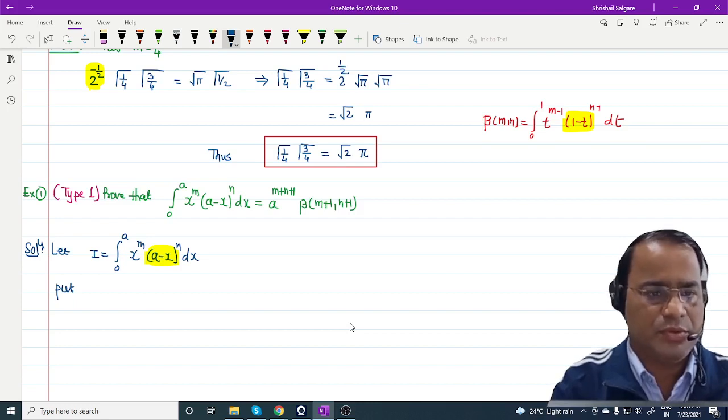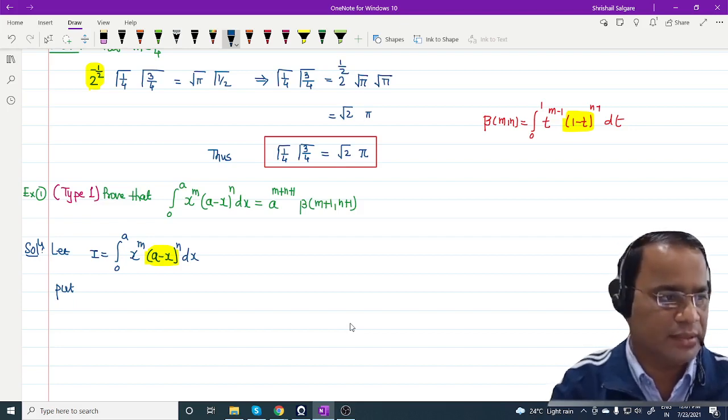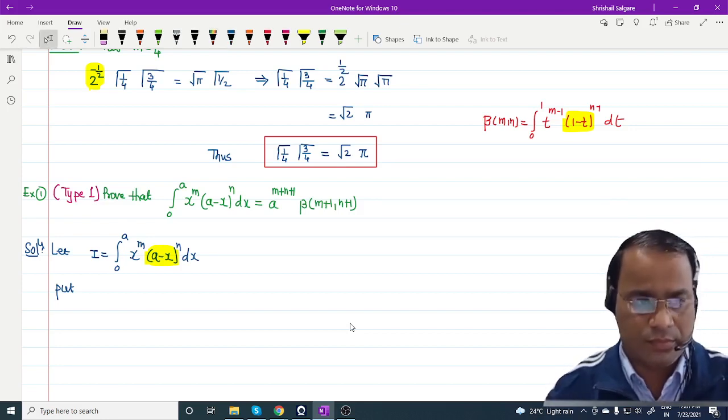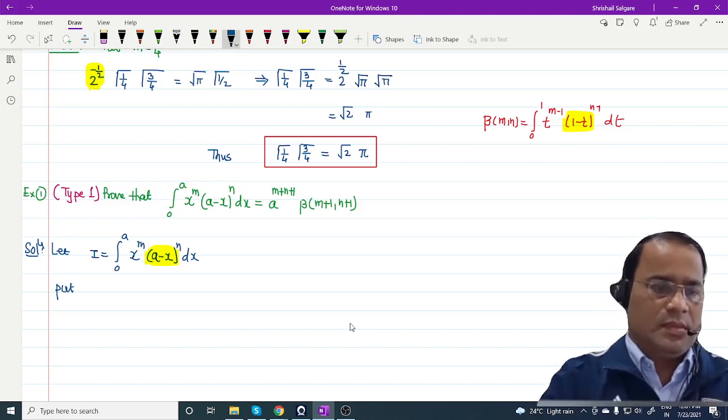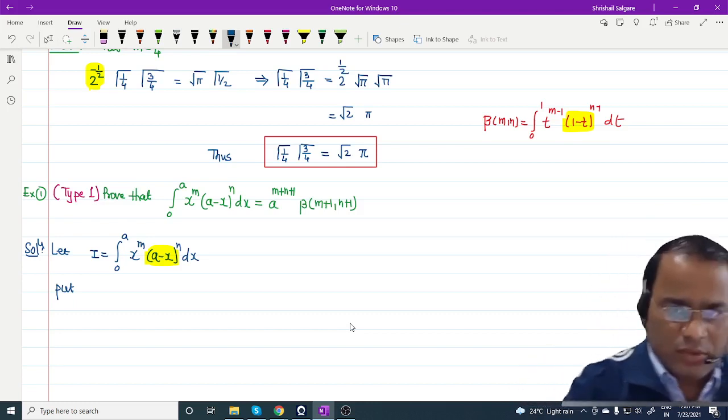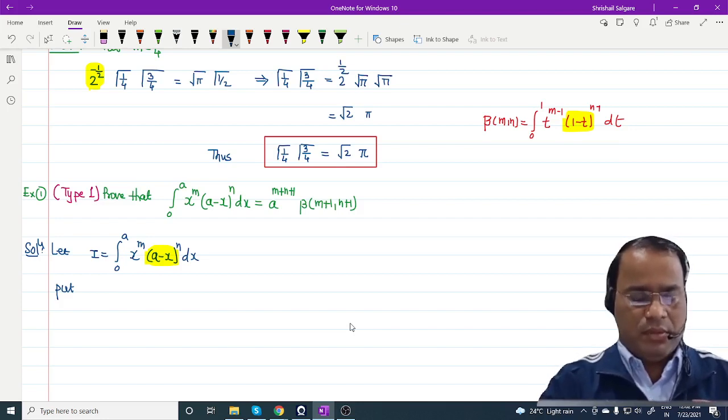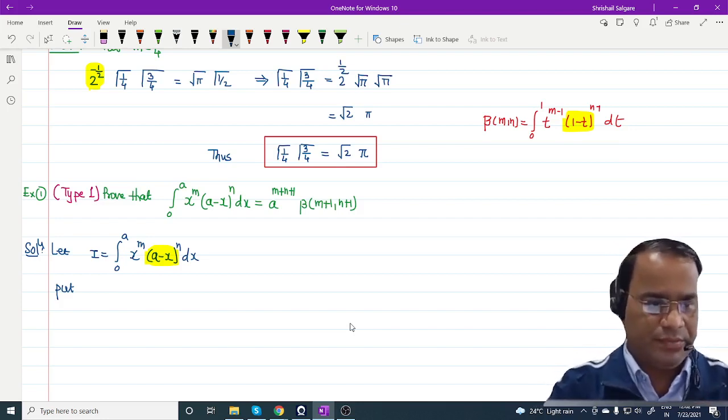What is the substitution? I think I'm not connected with the class. So here I required x is equal to 1 or something substitution you have to consider. What is the substitution?